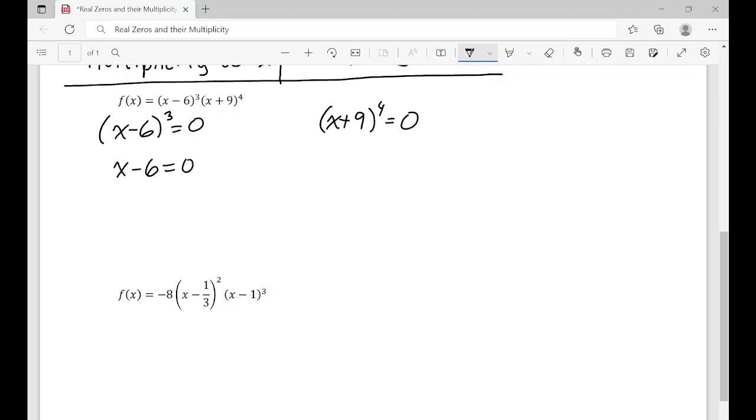And then I'm going to add 6 over, and I'm going to get x equals 6. And because this is to the third power, that means there are 3 sixes as our answer. So we can say that this answer of 6 has a multiplicity of 3.